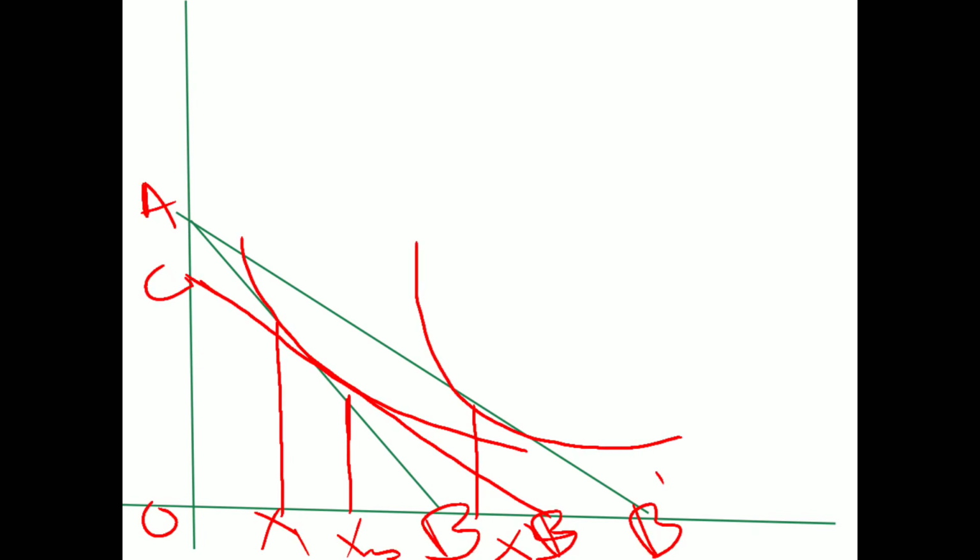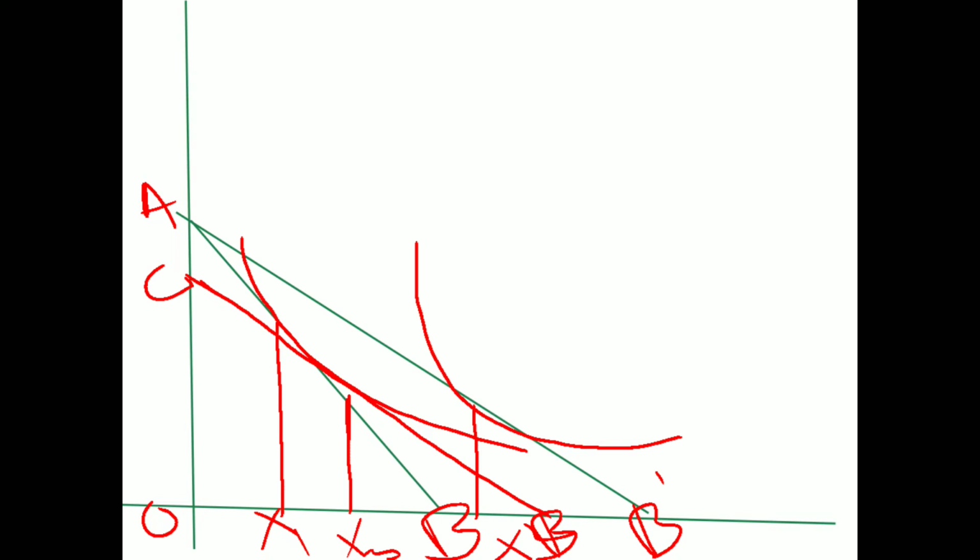We can see first it is our original budget line. Due to change in the price of commodity we have a new budget line, and it is our first equilibrium point, and due to decrease in the price of commodity we have a new indifference curve and new equilibrium point at this.